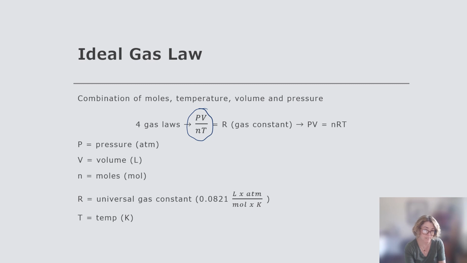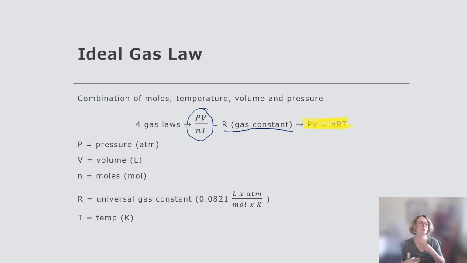Well, if I take my values and plug them in, I will consistently get the same number over and over again, and that is R, also known as the gas constant. And so my ideal gas law is PV = nRT.